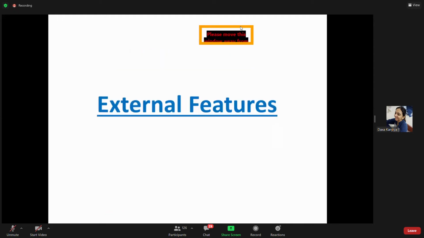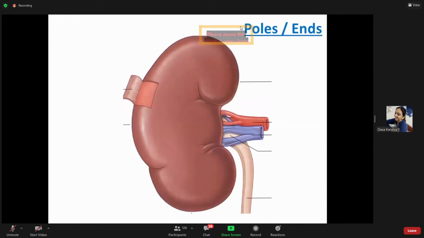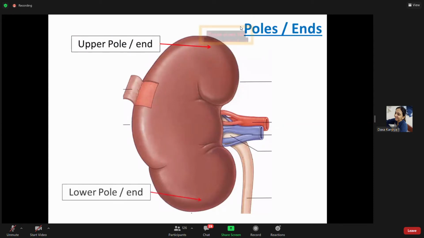Now the external features of the kidney. Relations of both kidney can be asked as a short note, anterior as well as posterior relations. It has two poles, upper pole or the upper end and the lower pole or the lower end. Upper pole is more rounded as compared to the lower pole.